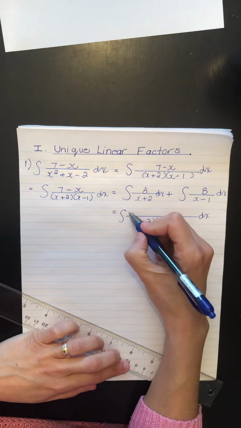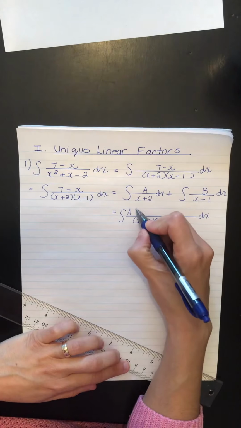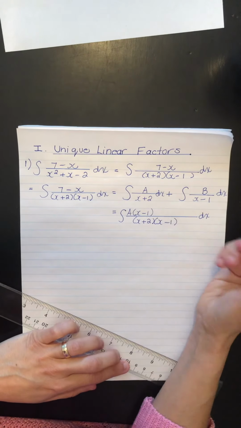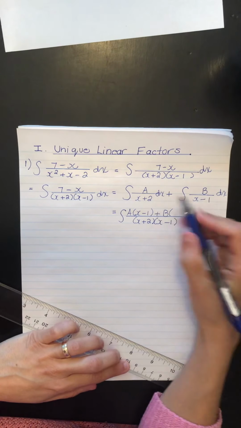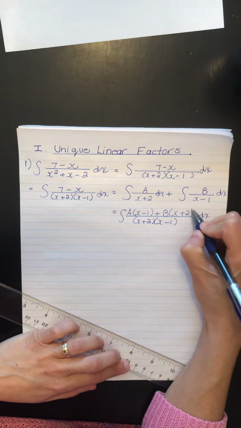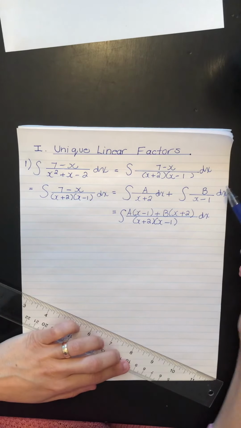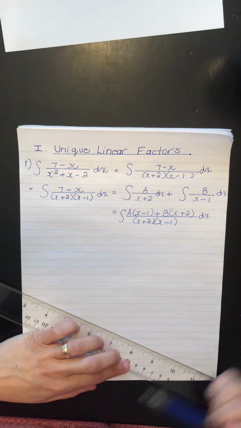The A would have to be multiplied by x minus 1. And then we will have plus B, which would be multiplied by x plus 2. That's how we would add these 2 fractions together.